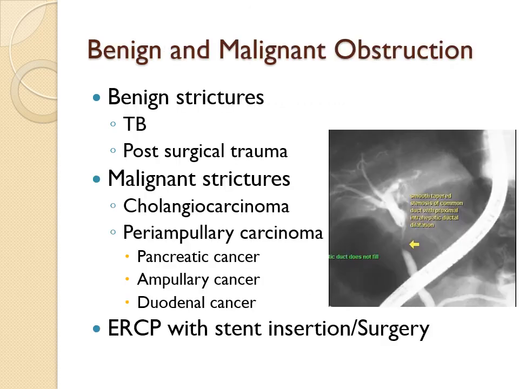So we can have benign and malignant obstruction of the bile ducts presenting as strictures. For benign strictures, common causes would be TB and post-surgical trauma. TB can affect any part of the biliary tree, producing strictures anywhere in the bile duct. Post-surgical trauma occurs during cholecystectomy, sometimes upon ligation of the cystic artery.